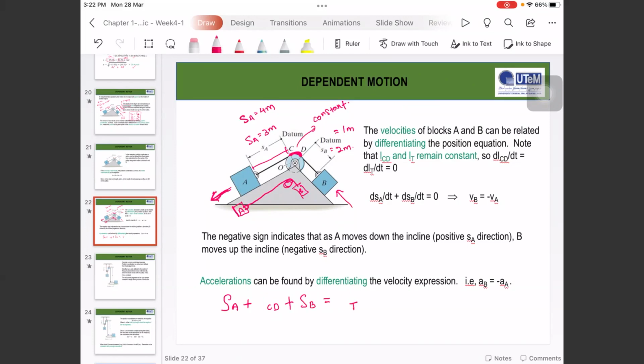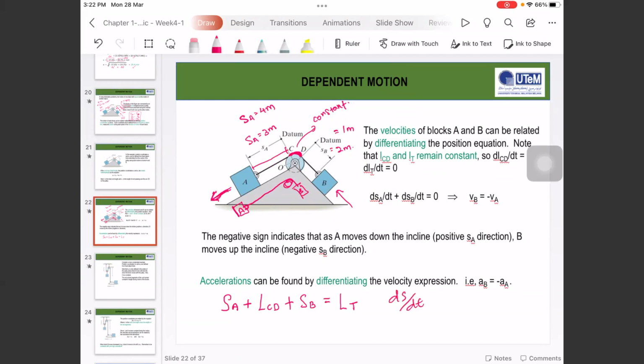So SA plus length CD plus SB is equal to the total length of the rope.